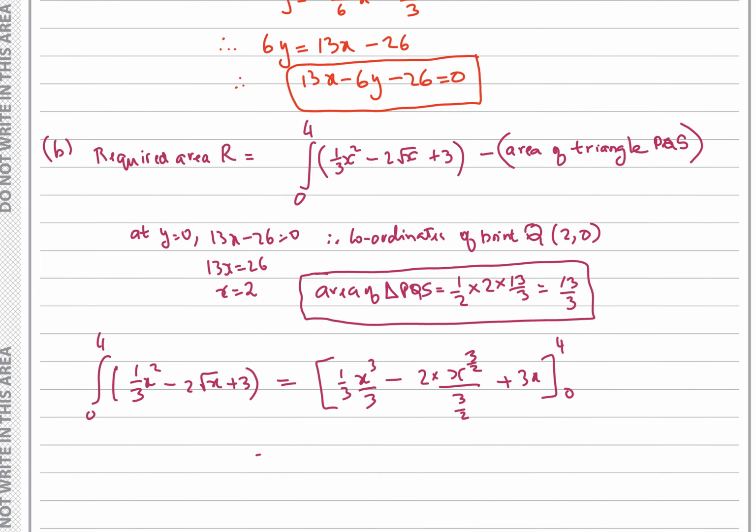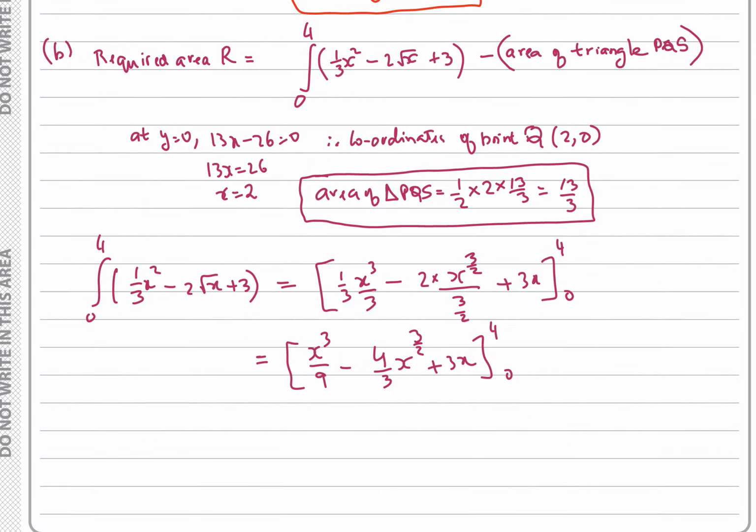Simplifying, this is x cubed over 9 minus, the 2 in the denominator goes up to the numerator, 4 over 3 times x to the power 3 over 2, plus 3x, from 0 to 4. That is 4 cubed over 9 minus 4 over 3 times 4 to the power 3 over 2 plus 3 times 4.